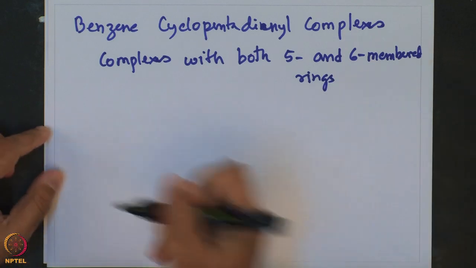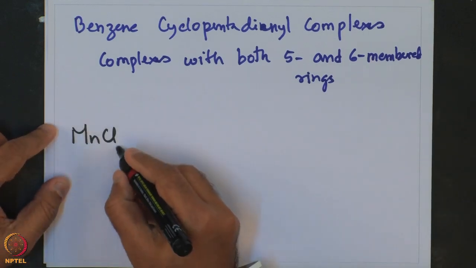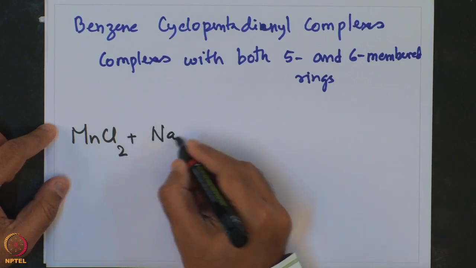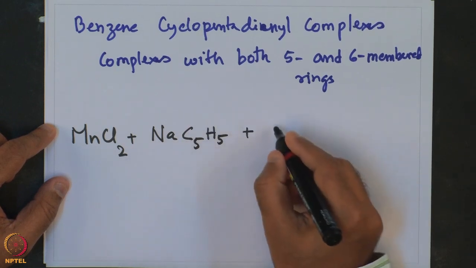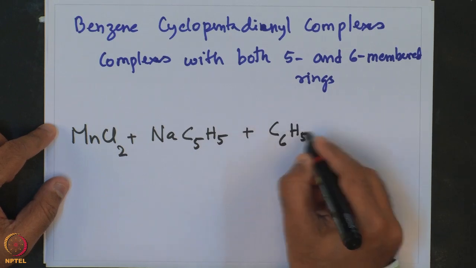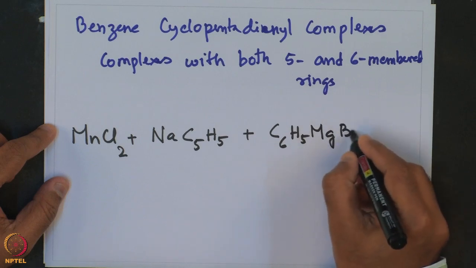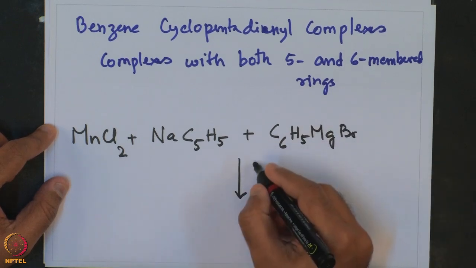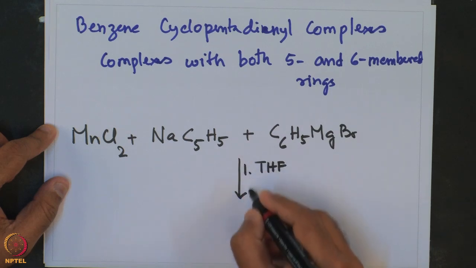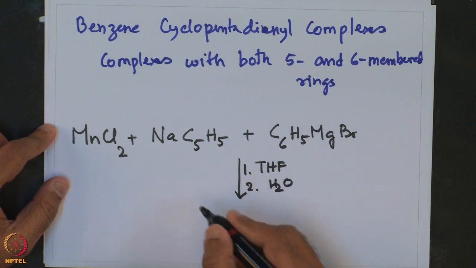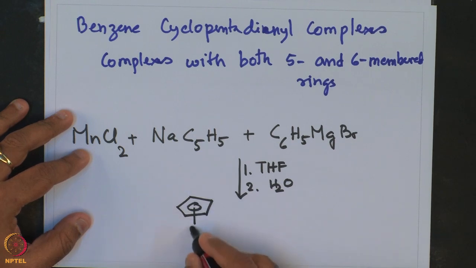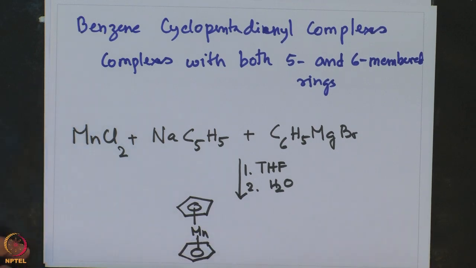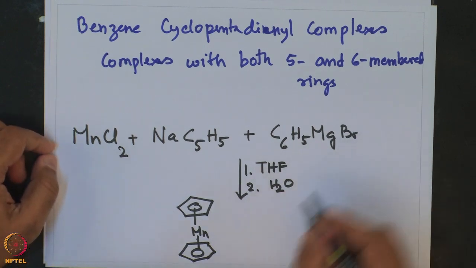This is beautifully illustrated by the reaction MnCl2 plus NaC5H5 plus C6H5MgBr, reacting in THF and then with water to give CpMnC6H6.